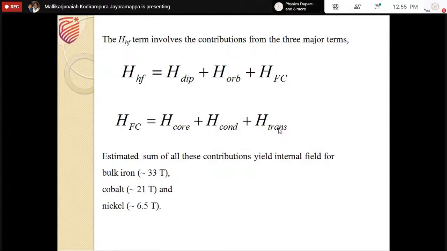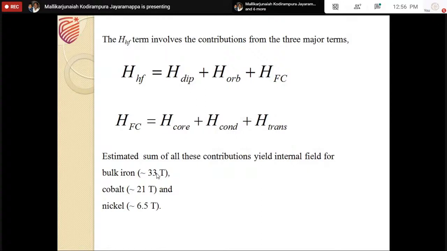Now, based on these different fields, we can estimate the contribution from all of them and create a net magnetic field at the site of iron of about 33 Tesla. All of us know that even a continuous 33 Tesla is hard to achieve today.